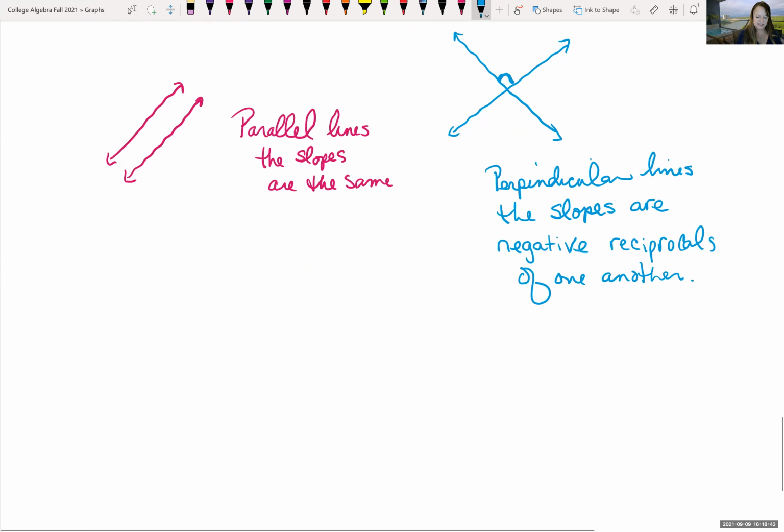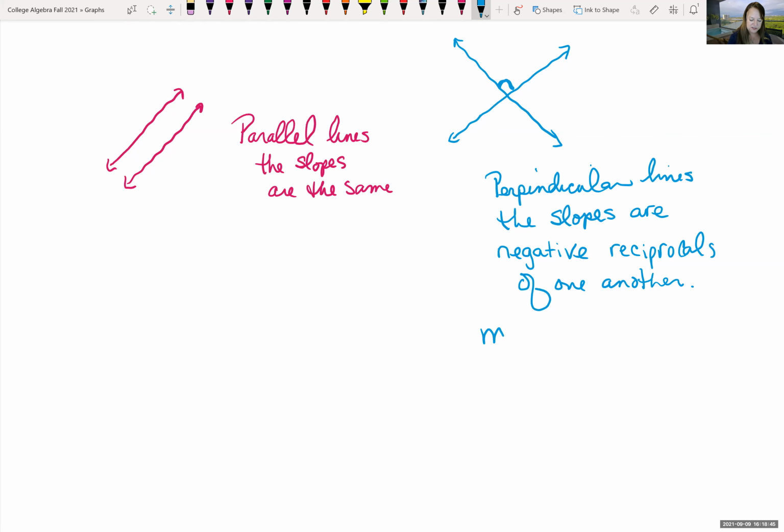So for instance, if our slope was equal to, let's just say, a over b, the perpendicular slope. So I don't have to write out perpendicular, I remember back in geometry that perpendicular was that upside down capital T looking thing.